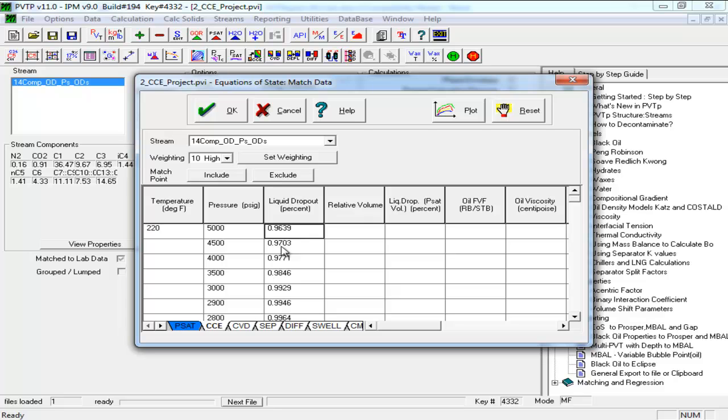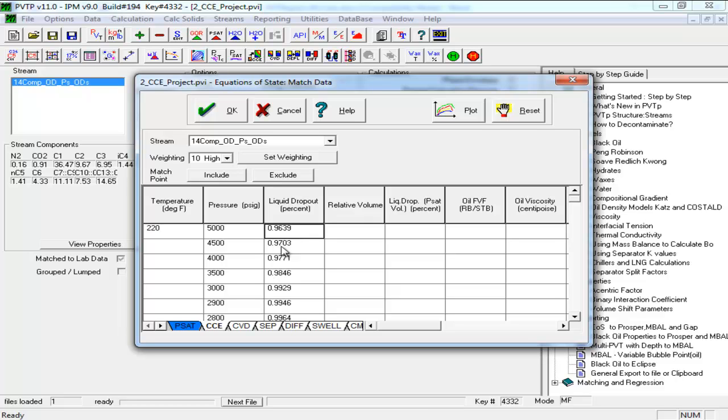When we use auto-regression, we have to give weights to tell the software to focus on matching this more than that. So usually we give the highest weight to the saturation pressure. Maybe this answers your question. In the PVT box, we give PSAT 40, just a number, because the weights go from 40 to 1.